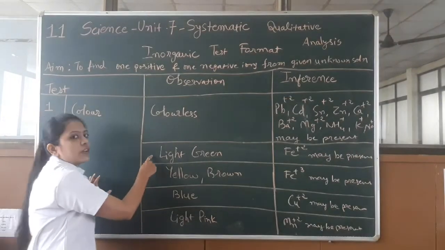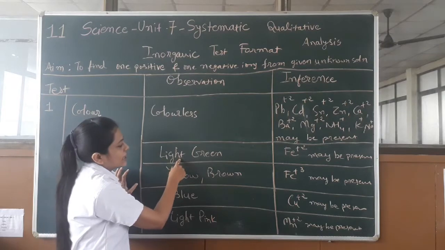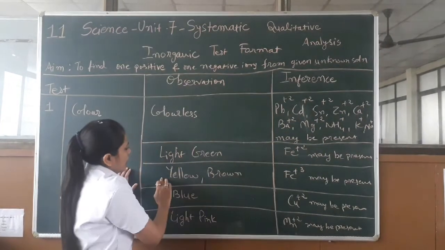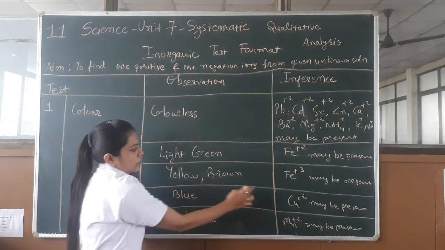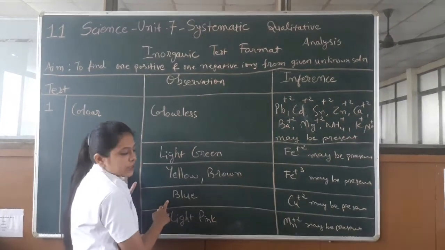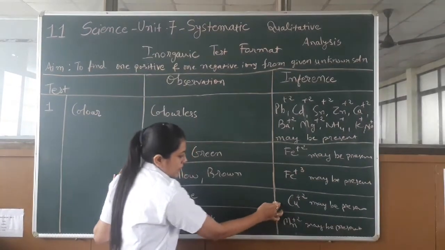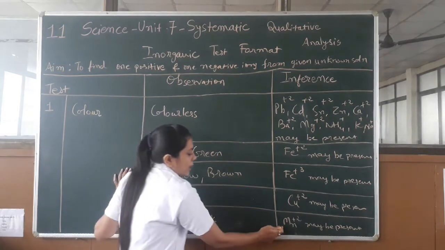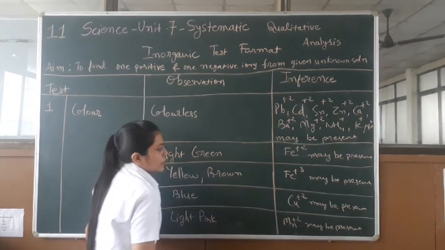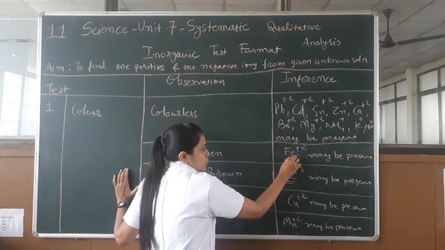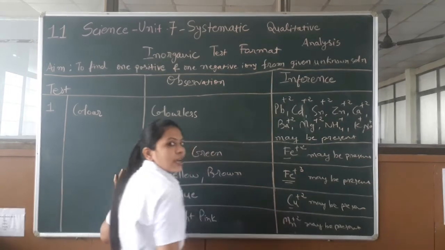Second, if not colorless, if light green, then Fe+2 may be present. If yellow or brown, Fe+3 may be present. If blue color solution, Cu+2 may be present. If light pink solution, then Mn+2 may be present, because Fe+3, Fe+2 and Cu+2 have color.